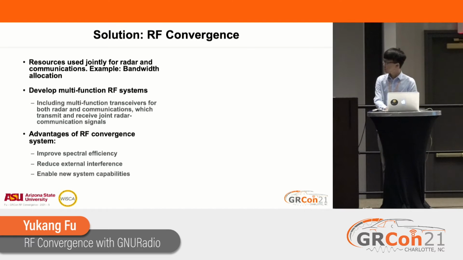In order to make it work, we are developing multifunction RF systems, including multifunction transceivers for both radar and communications, which transmit and receive joint radar communication signals. An RF convergence system can improve spectral efficiency, reduce external interference, and enable new system capabilities. Here are some ideas of the RF convergence system.